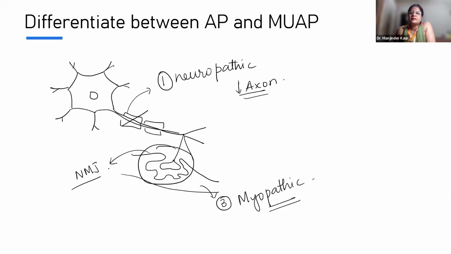So the second problem which can occur in the neuropathic cause is demyelination. Right? So let's talk about the injury to the nerve fiber. What will happen if there is injury to the nerve fiber and the muscle is denervated? You understand the meaning of denervation? Denervation means that the muscle is not receiving the nerve supply.